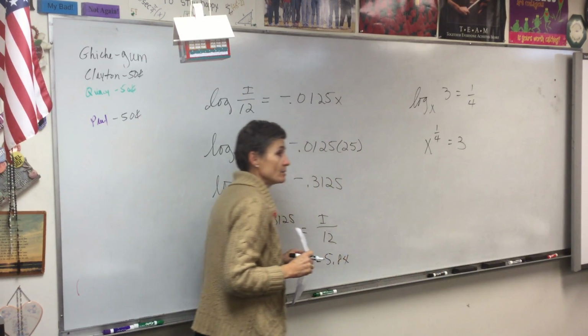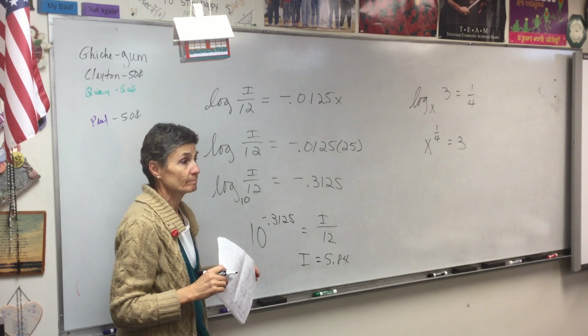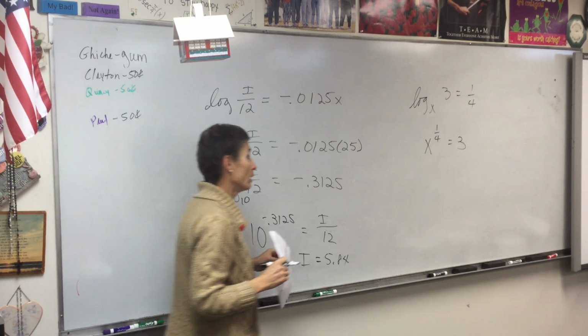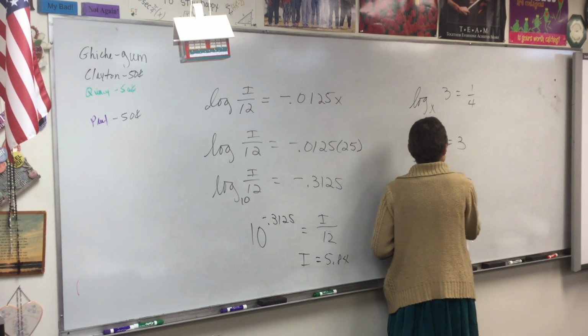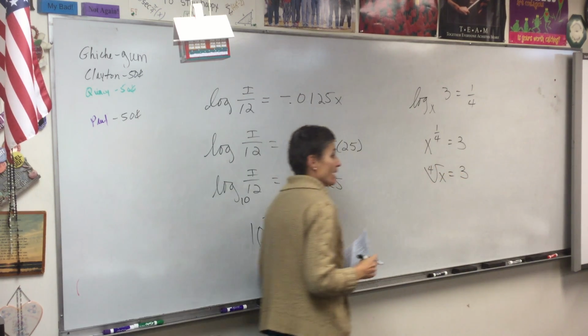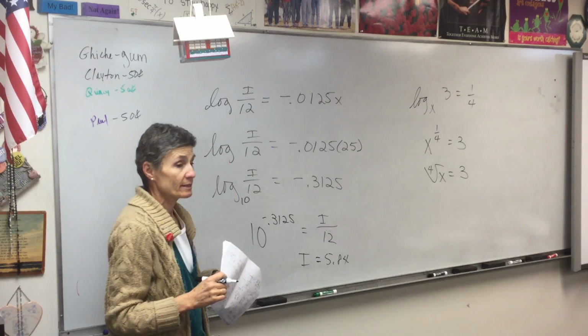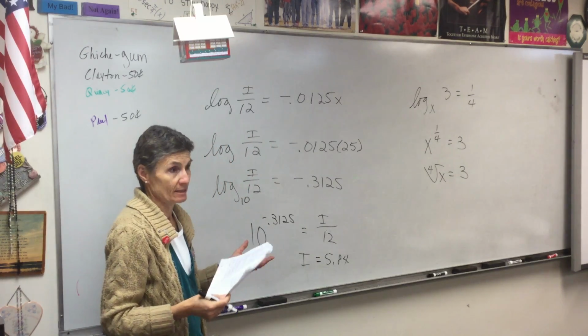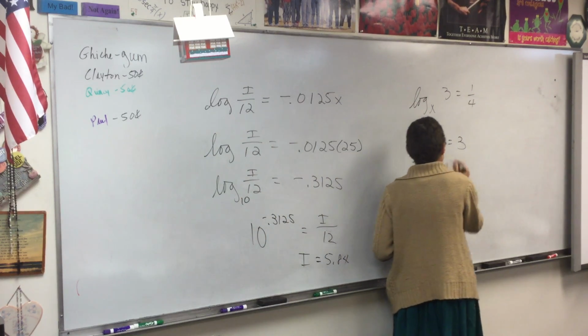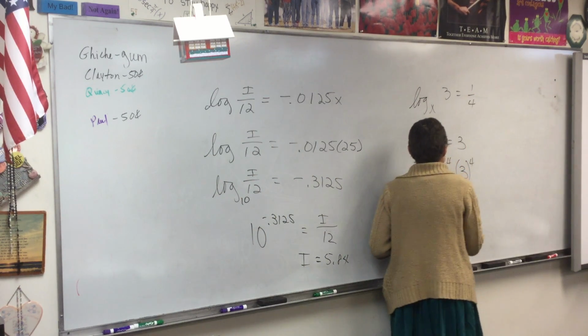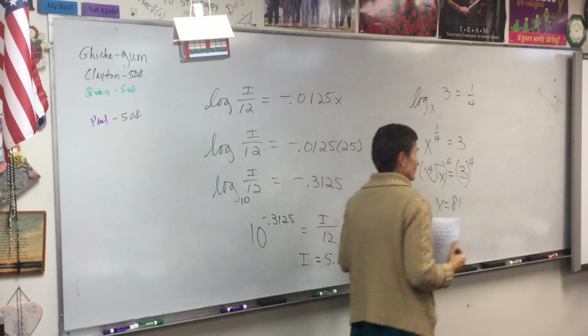And then what will you need to do to solve for x? Well, you don't 4th root it. This is the 4th root. This means the 4th root of x. So how do we get rid of the 4th root, basically? So you're going to raise both sides to the 4th power. So x will equal 81.